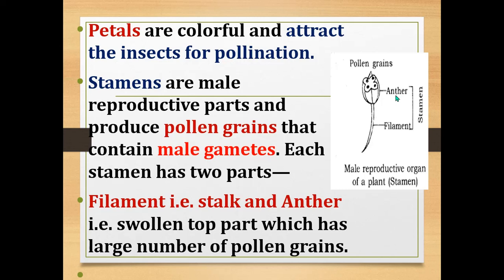What are the male reproductive parts? Filament and anther. And this anther consists of a large number of pollen grains. These pollen grains will produce male gametes.